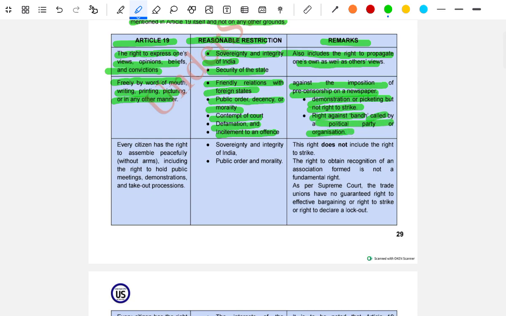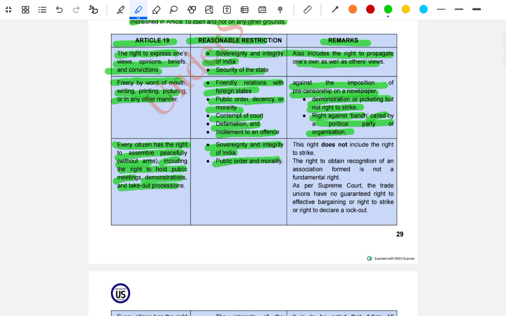Article 19: every citizen has the right to assemble peacefully and without arms, including the right to hold public meetings and demonstrations and to take out processions. Reasonable restrictions: sovereignty and integrity of India, public order and morality.